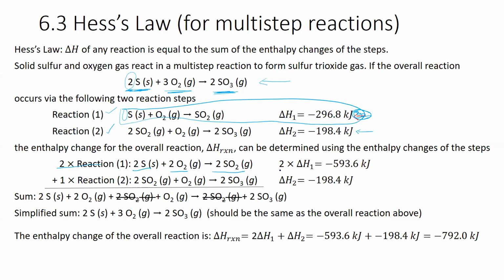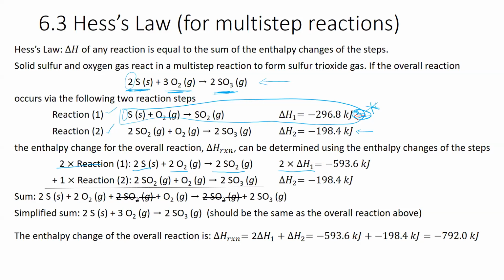Now, if I do that, if I multiply the reaction by 2, I have to necessarily multiply the enthalpy by 2, because the way that this is written up here says 1 mole of sulfur plus 1 mole of oxygen gas produces 1 mole of sulfur dioxide, right? That accounts for the production or the giving off of these 296.8 kilojoules.